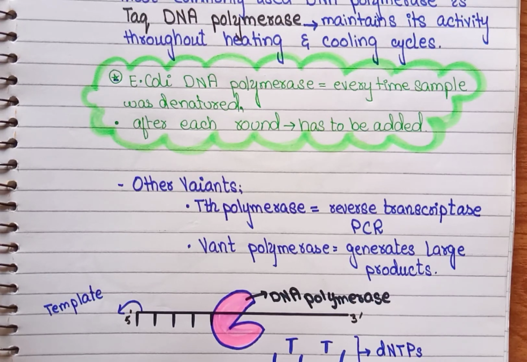So here we have the other variants of DNA polymerase. The most commonly used DNA polymerase is Taq DNA polymerase, which is derived from Thermus aquaticus. So here we have DNA polymerase, which adds and extends the nucleotides, and that is basically the main component in PCR.